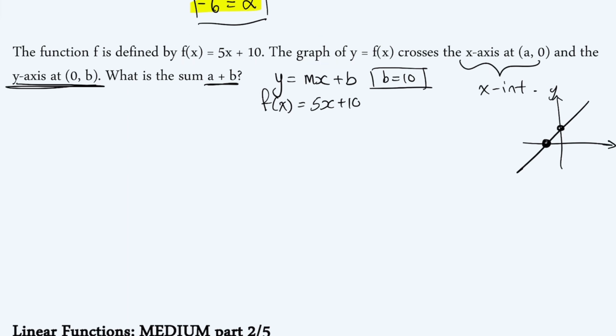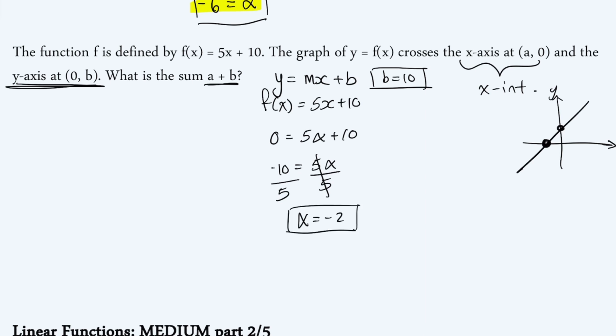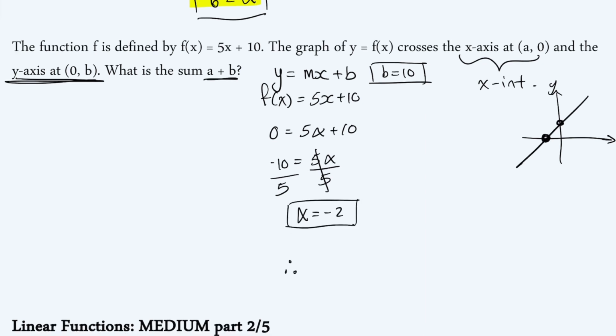So then we can solve for a. 0 is equal to 5a plus 10. Subtract 10 on both sides. Negative 10 is equal to 5a. Divide by 5. a is equal to negative 2. So therefore, a plus b is negative 2 plus 10, which is equal to 8.